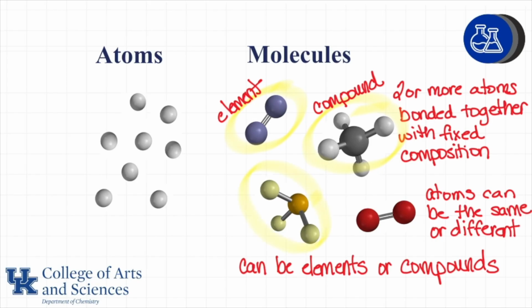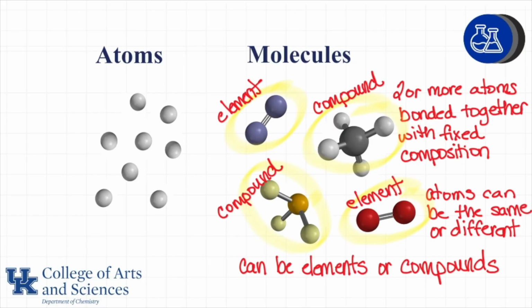Here we also have a molecule because we meet that definition, and this is going to be a compound because we have different identities of atoms within that molecule. In our last example here, we see we have a molecule and both atoms are the same. Therefore, this is an element. So this will be a molecular element.